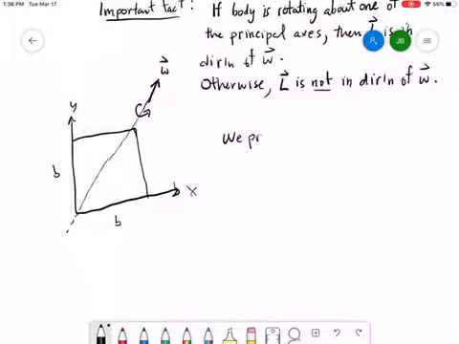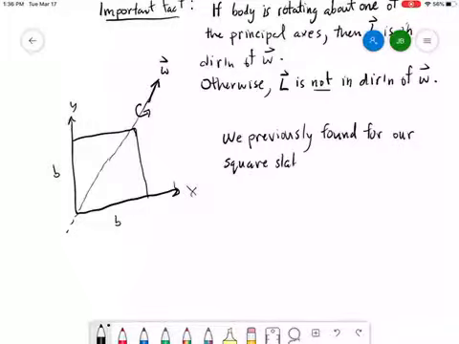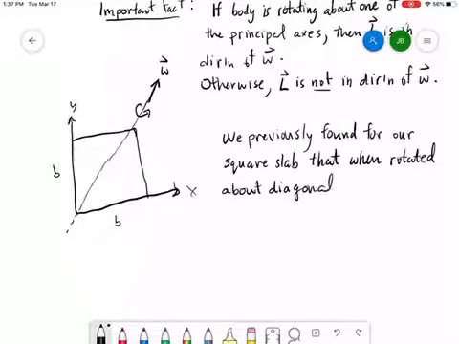So we previously found for our square slab that when rotated about the diagonal, L was parallel to omega.